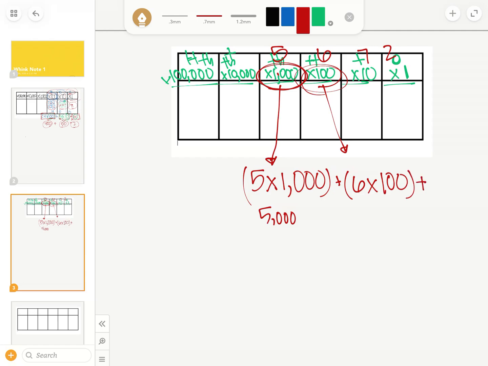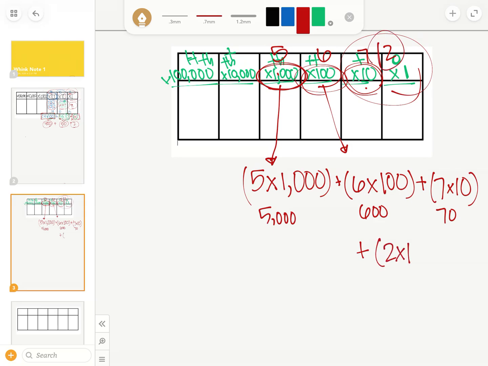Plus, which equals 100, 200, 300, 400, 500, 600. Plus 7, and he's in the tens house, so I'm going to multiply by 10. So 10, 20, 30, 40, 50, 60, 70. And then the last one is a 2 right here in the ones house. So 2 times 1, 1, 2.